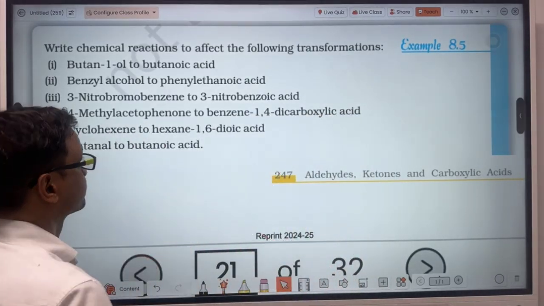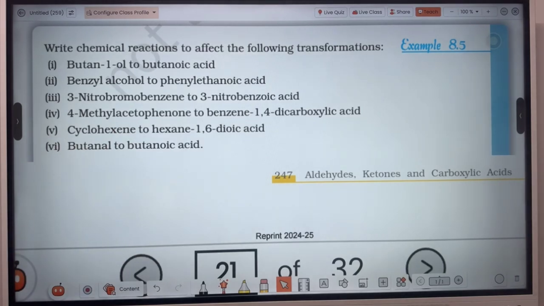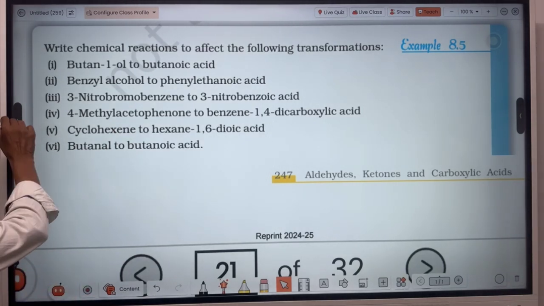Next point. 3-nitrobromobenzene to 3-nitrobenzoic acid. This question is also very easy.